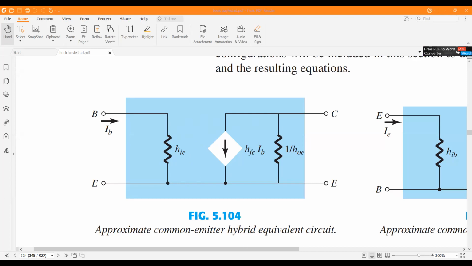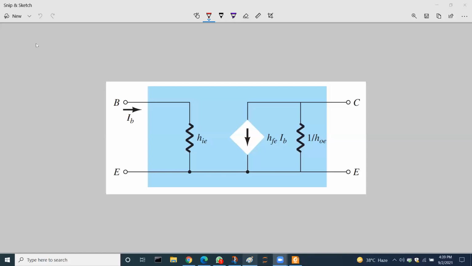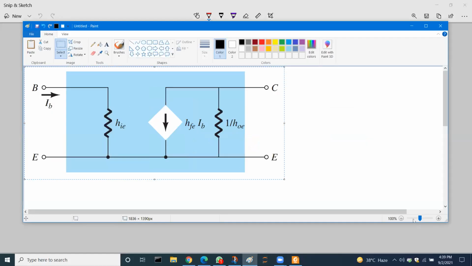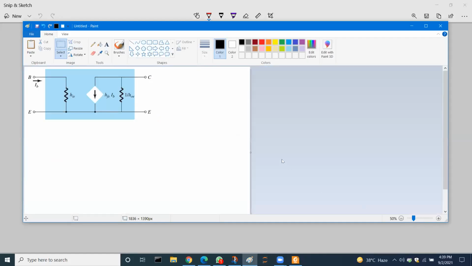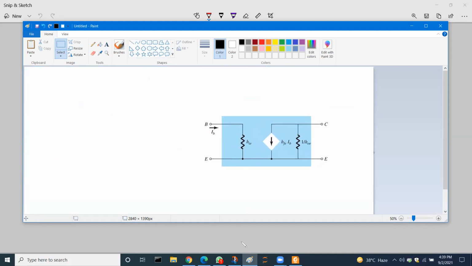So make a copy of it. Launch. Then we go to the model.